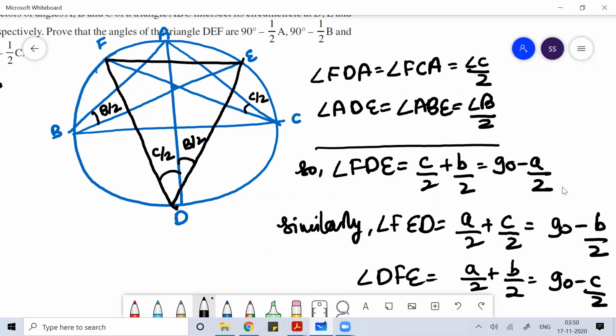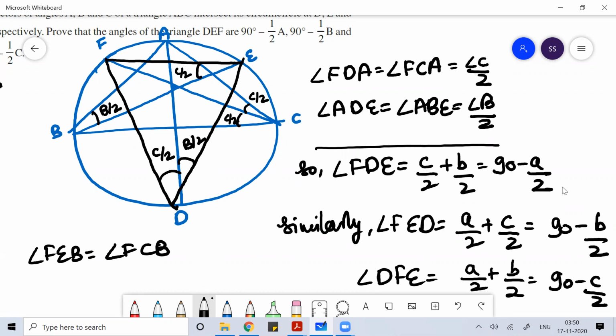So you can say FEB will be equal to FCB. FEB is equal to FCB, that is equal to C by 2.